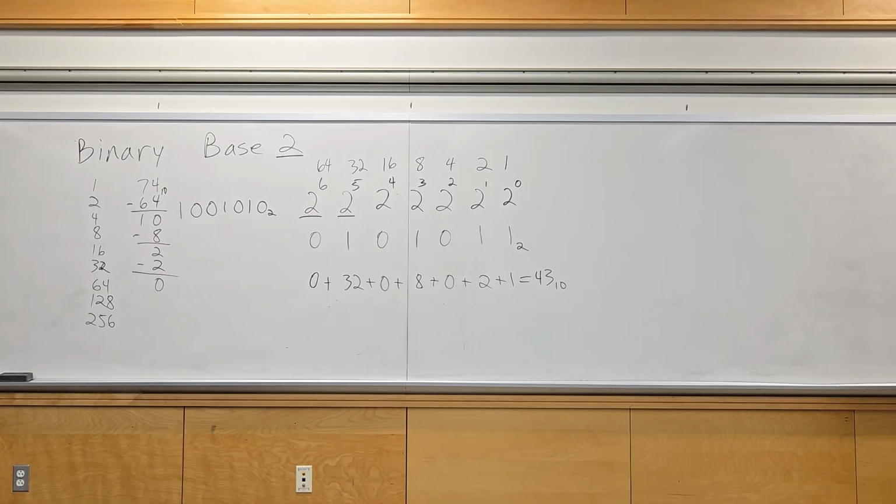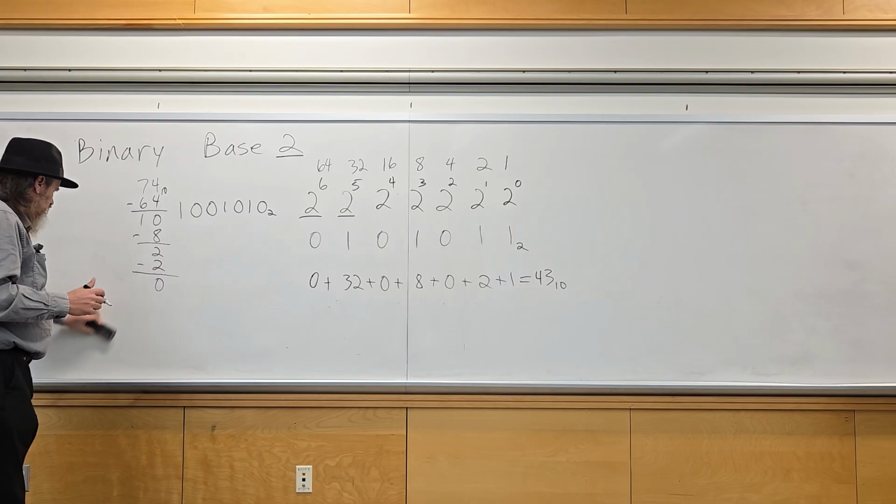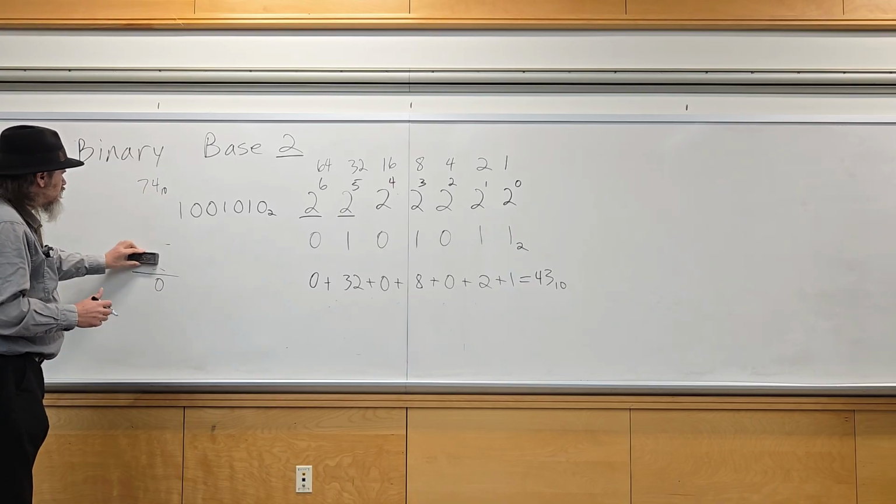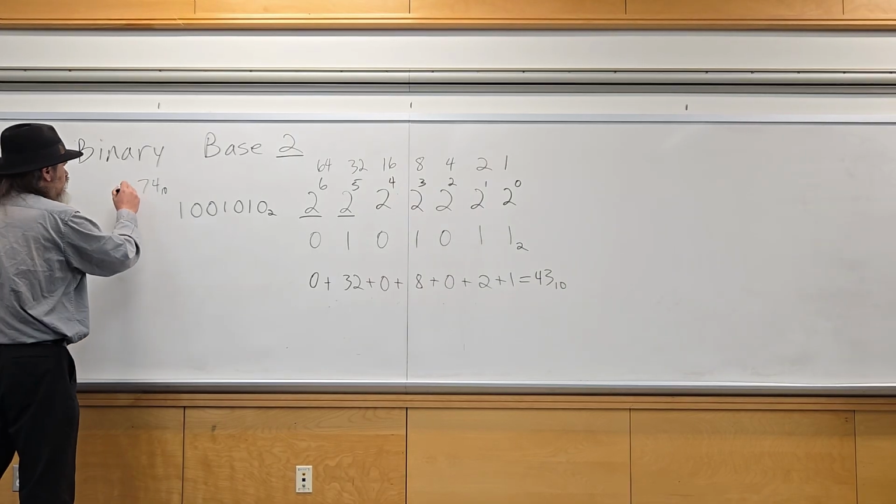To me, that's the easiest way to do it. That's the method that I use most frequently to convert decimal to binary. There's another way that's actually easier for computers to do, where you take the number and divide it by 2.